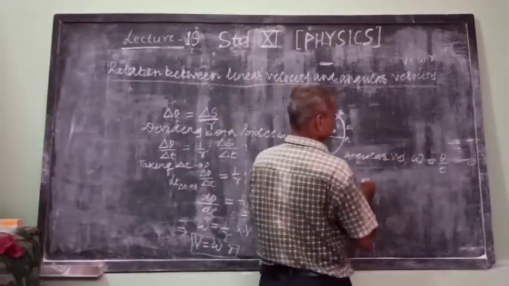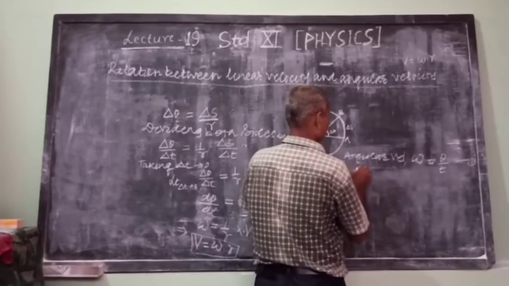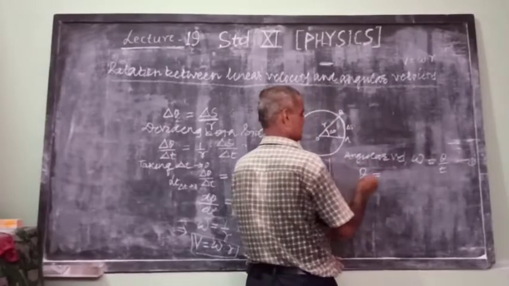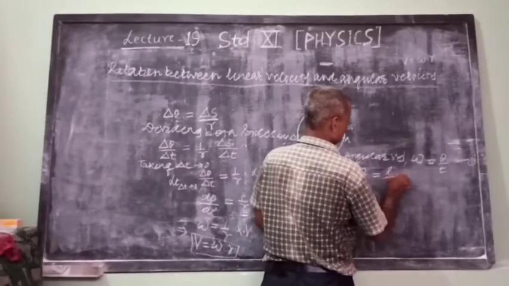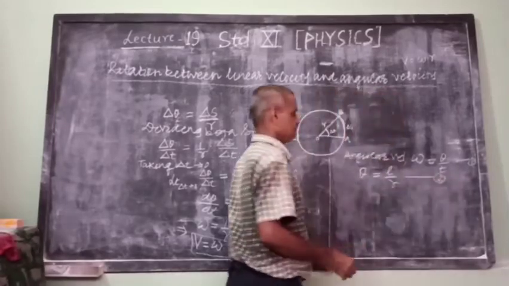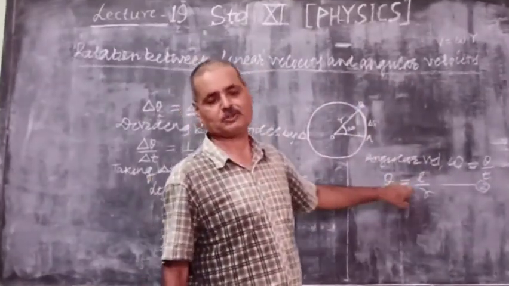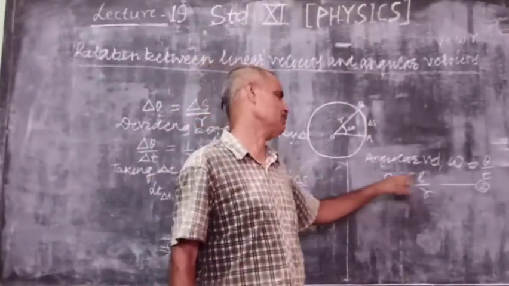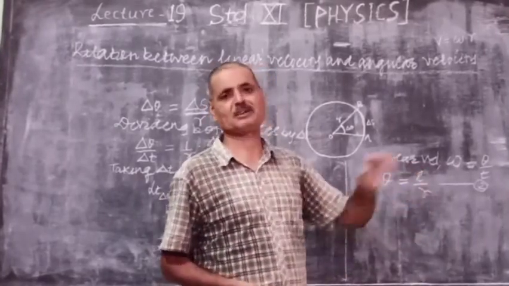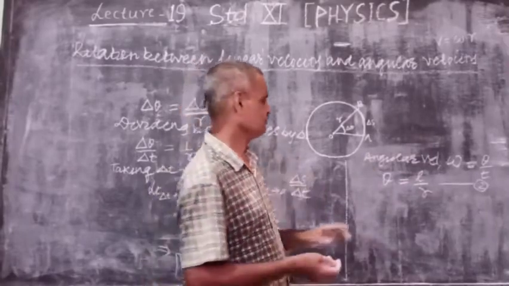Another is your linear velocity. Another formula from mathematics, you all are familiar that theta is equal to L by R. You have used in mathematics theta is equal to L by R, where L is the length of the arc and R is the radius.